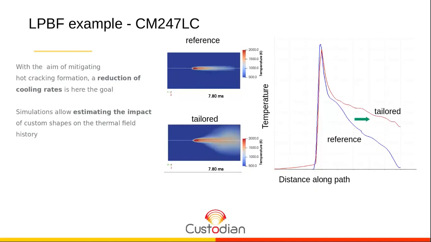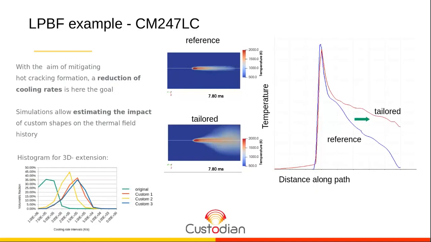But in reality, the process is a bit more complex because, as Mauricio mentioned before, we are not talking about a single point or a single track or even a single layer environment, but we have several passes, several layers. So we have to go to 3D, and we have to deal with this kind of graph.